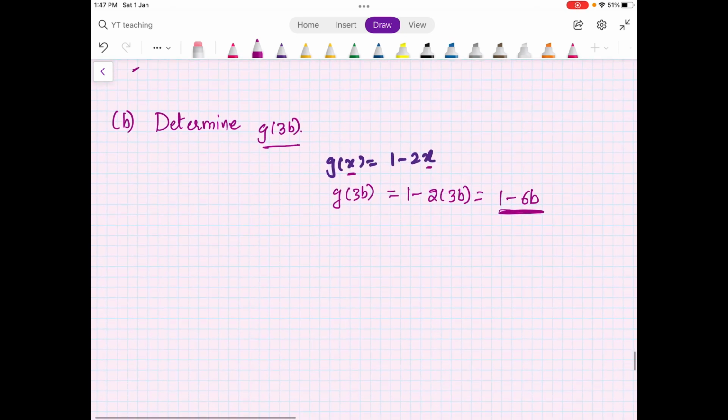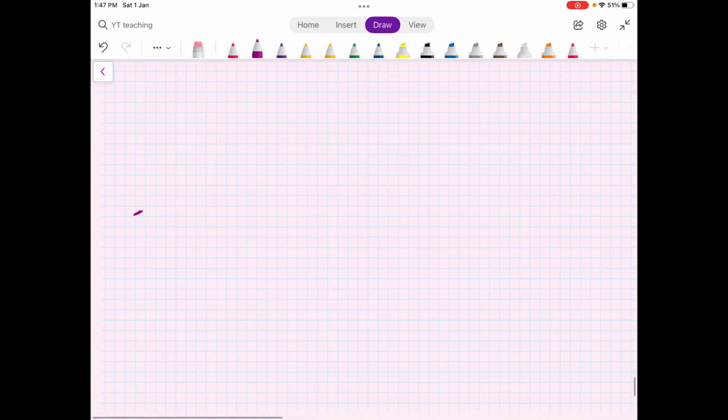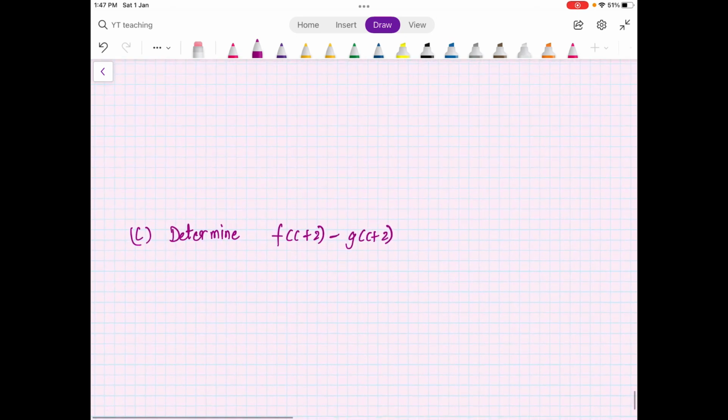Now the last one is you have to tell f of c plus 2 minus g of c plus 2. So we have that f of x is x square minus 3x and g of x is 1 minus 2x. If I ask you to compute this, what will you do?